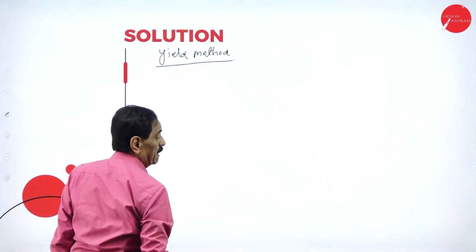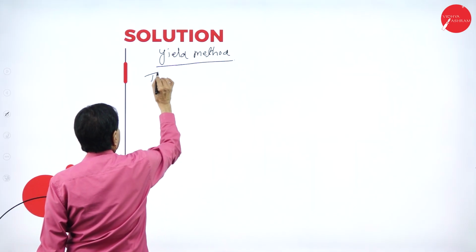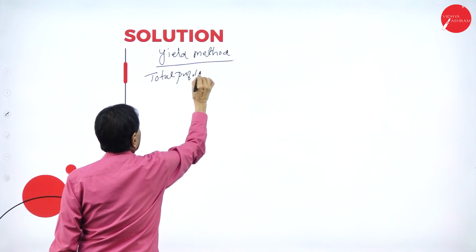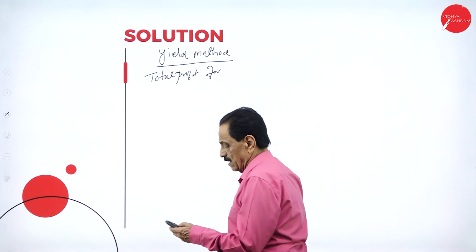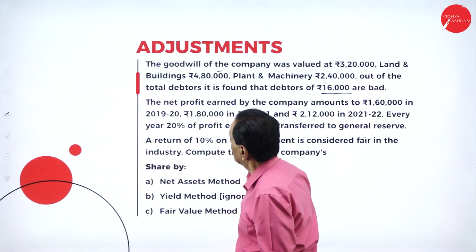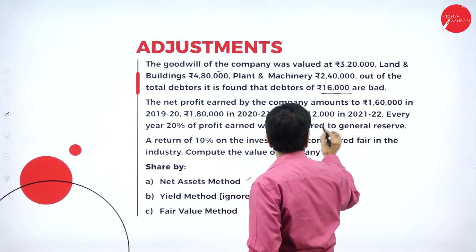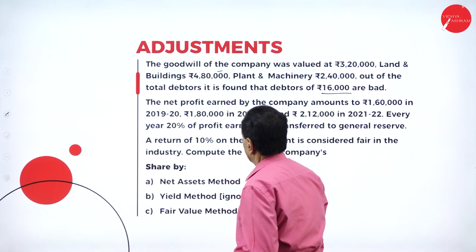Now, based on profit, total profit for how many years here? Profit for 1 year, 2 years, 3 years.